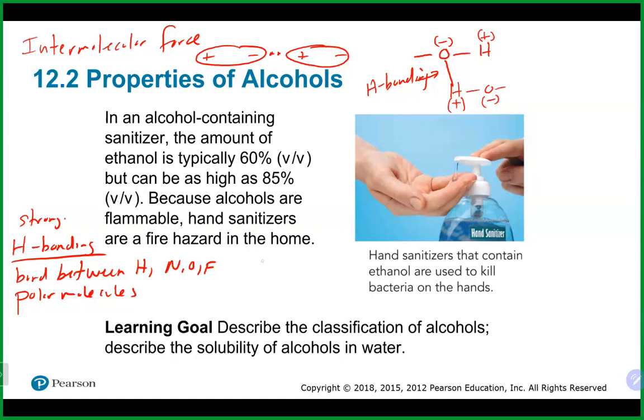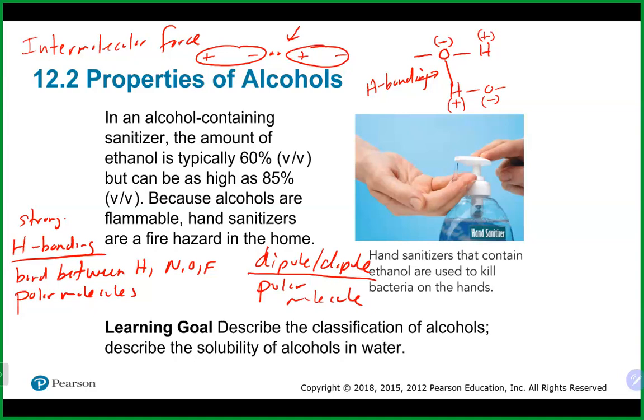Now, there's also dipole interaction, which is an intermolecular force that polar molecules use, those polar molecules that do not have the ability to hydrogen bond. They're still polar, which means there's a positive side and a negative side, just like we talked about with bonding. The positive side of one polar molecule is attracted to the negative side of another.